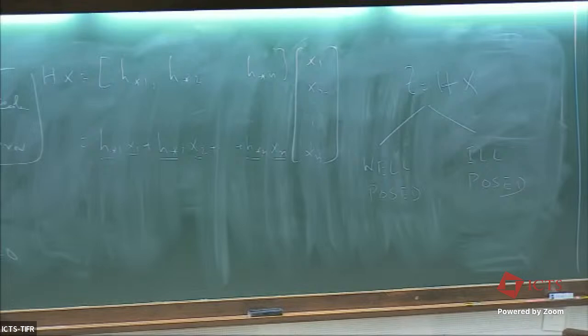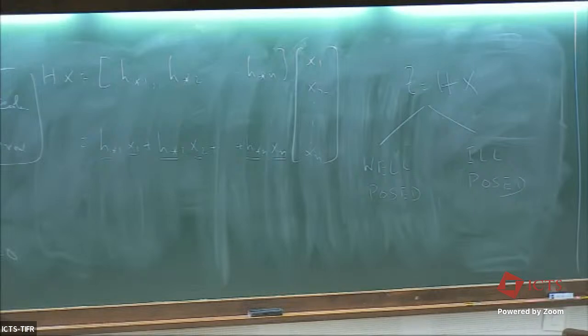When they are collinear, the columns are linearly dependent. Then I can find a set of coefficients with which I can annihilate this, so Hx will be 0 for some x not 0. Everybody with me, please. That means the problem is ill-posed. This cannot happen for all x.